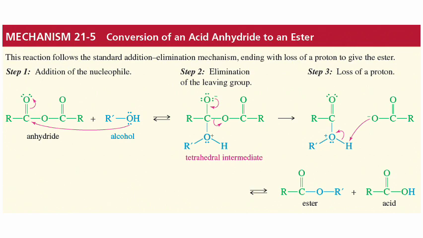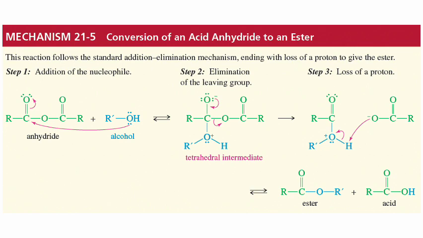Finally, we get to step 3, which has our protonated product, and some base is going to remove a proton. In this case, the carboxylate that we just lost. It's a weak base, but strong enough to remove that proton. And so then we formed an ester, and we've also formed a carboxylic acid. An anhydride is essentially composed of 2 carbonyls.